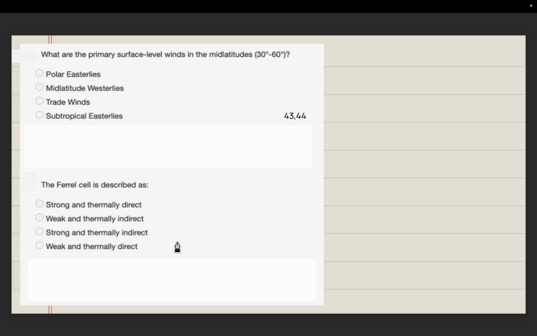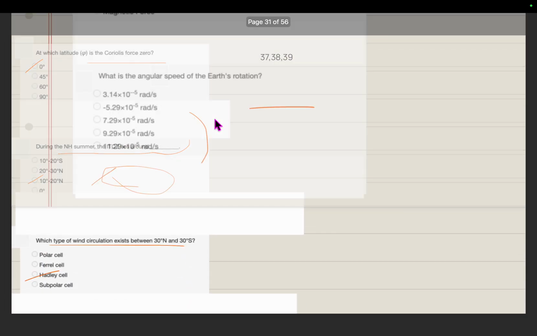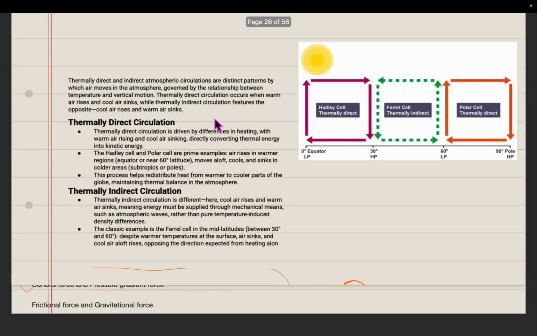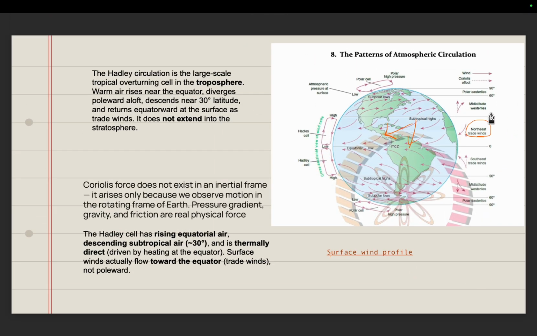Polar easterlies, mid latitude westerlies, trade winds, subtropical easterlies. In 30 degree to 60 degree, it is called the mid latitude westerlies, because from the west direction it is flowing on the surface.